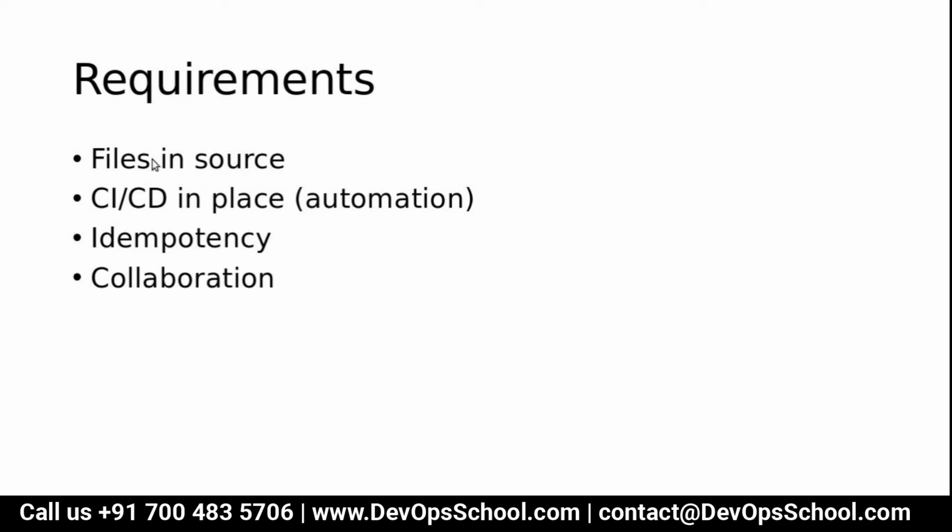File in source means that in the Terraform area we need source files. As I mentioned, the Terraform file structure is main.tf, after that variable.tf, output.tf. So file in source means main.tf, variable.tf, output.tf.